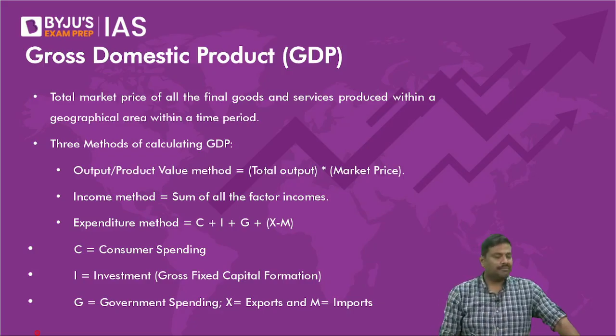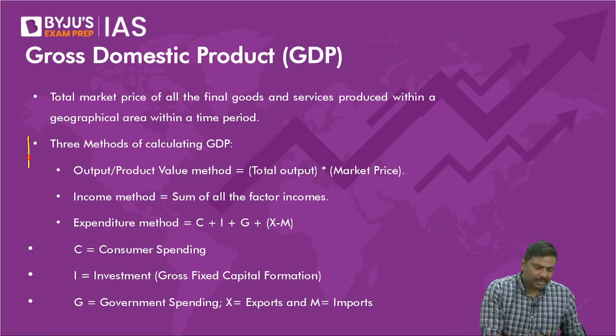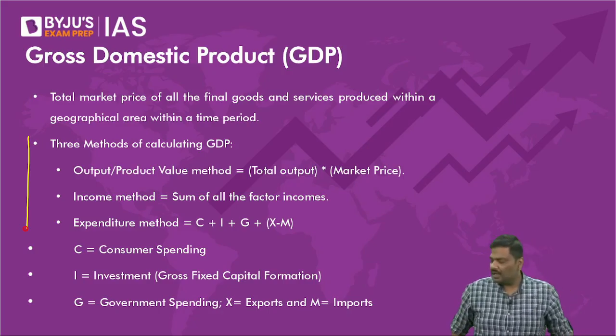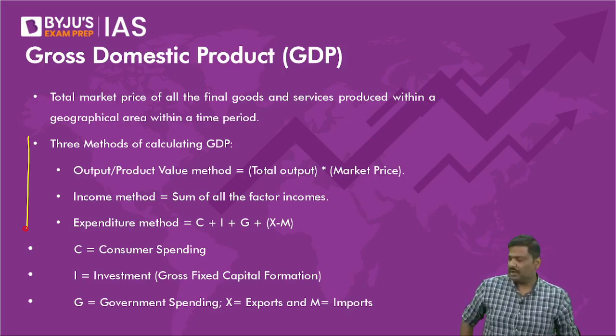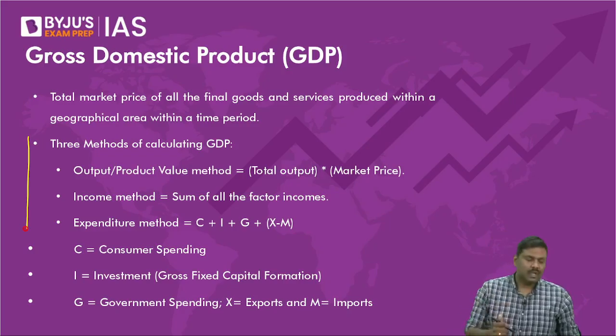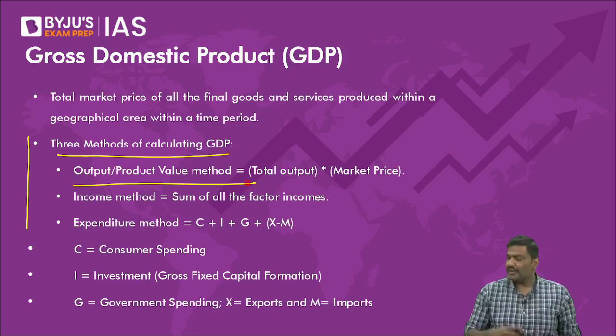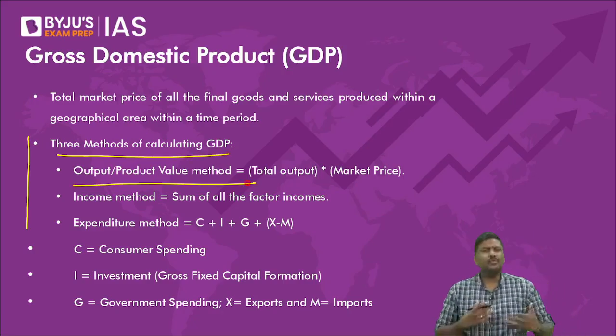Now, the GDP can be calculated using three methods. What are the three methods? One, the output method, or basically the production value method. What is the output method?